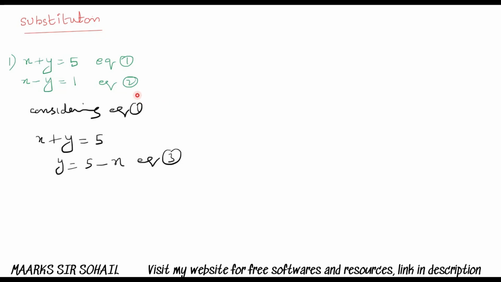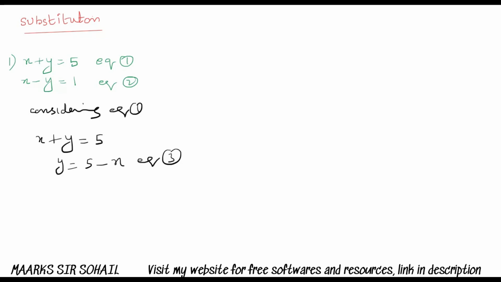If you consider equation 2, then you need to put the value in equation 1. Make sure to put the value in a different equation, because if I put the same value into equation 1, I will get 0 and you might get confused.